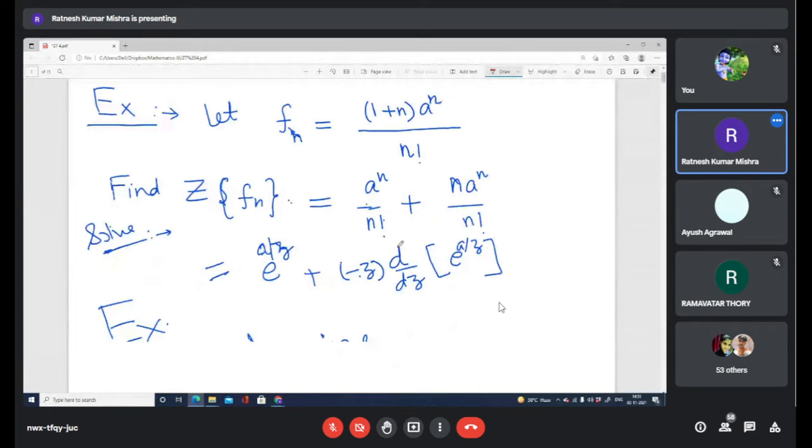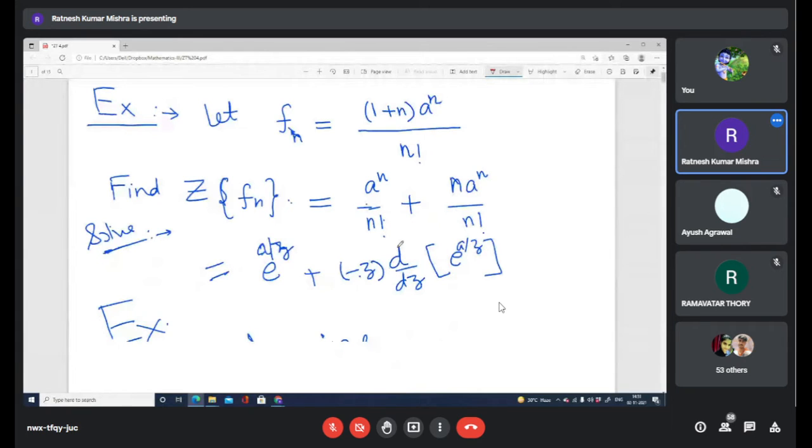By GP, p power 1 q power n minus 1 divided by q power n, and this is p power 2 q power n minus 2 divided by q power n minus 1. You see, in both cases you will get the same.